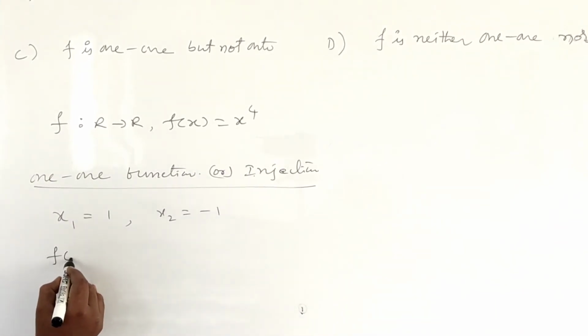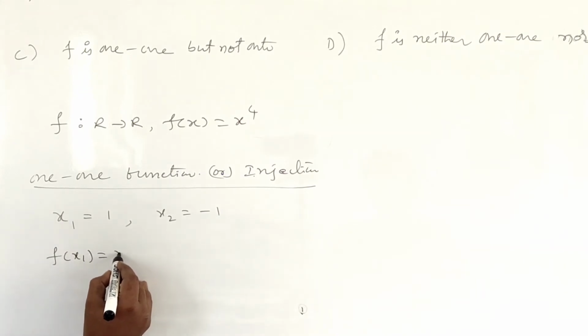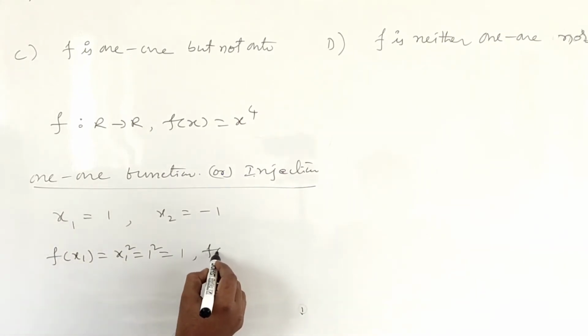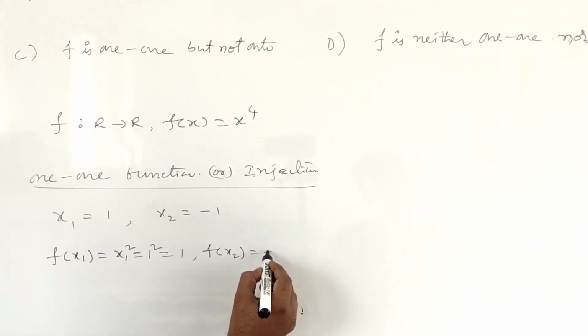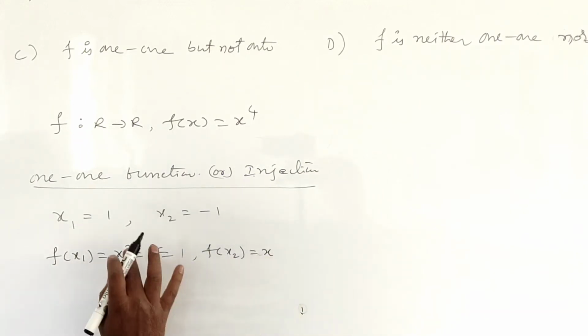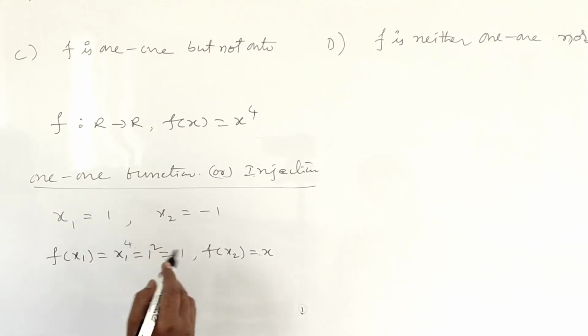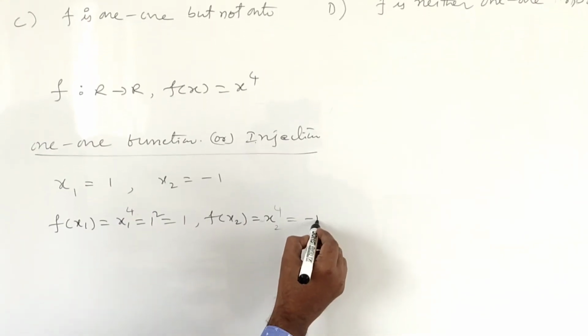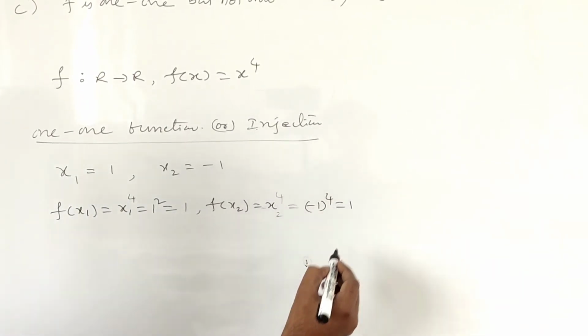Substituting, f of x1 is equal to x1 power 4, that is 1 power 4 is 1. f of x2 is equal to x2 whole power 4, that is minus 1 whole power 4, which is also plus 1.